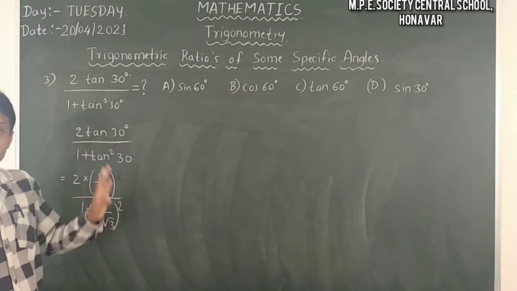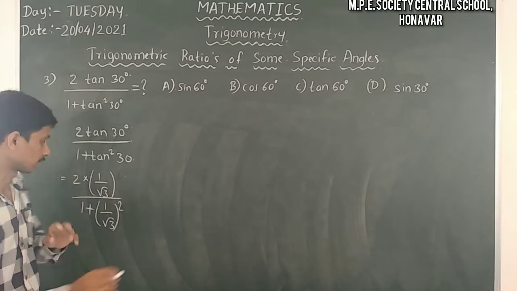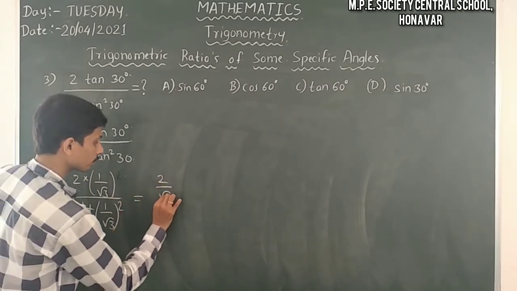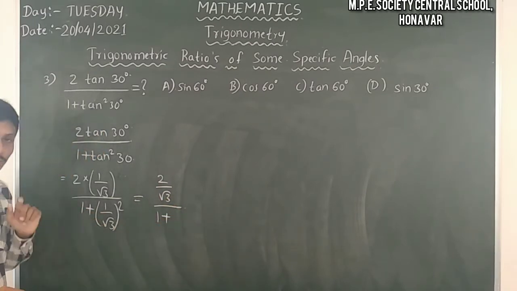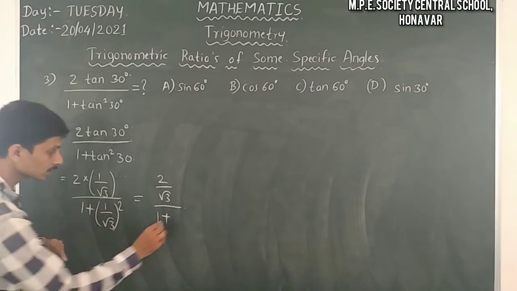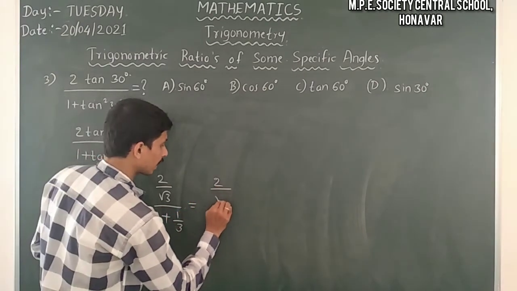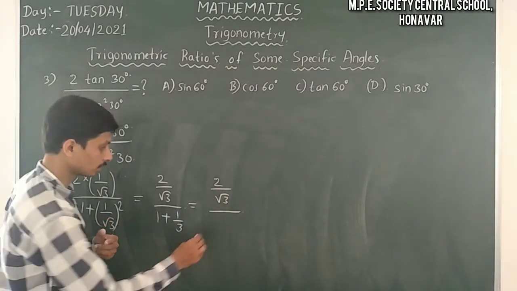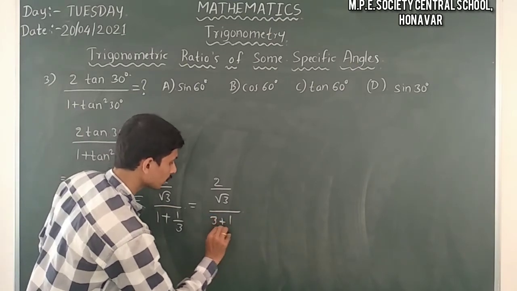Here it looks like both are the same, but you make mistakes here. So here it is 2 by root 3 divided by 1 plus 1 by root 3 whole square, that is 1 by 3. Then 2 by root 3 remains as it is. Here we can take the LCM of the denominator, which is 3, that is 3 plus 1 divided by 3.